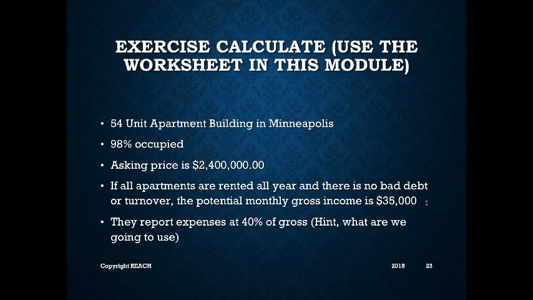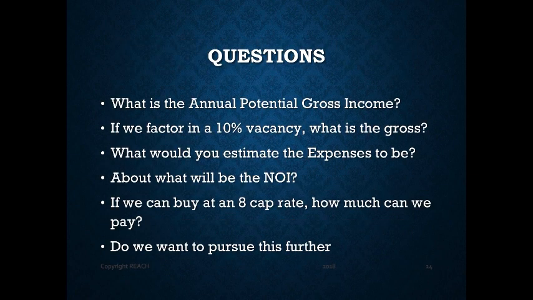So I'm going to do everything in terms of a year: $35,000 a month times 12 months. So my potential gross is $420,000. The next question, if we factor in a 10% vacancy, what is the gross?